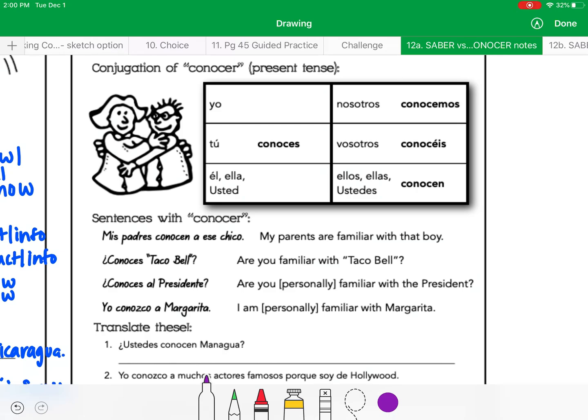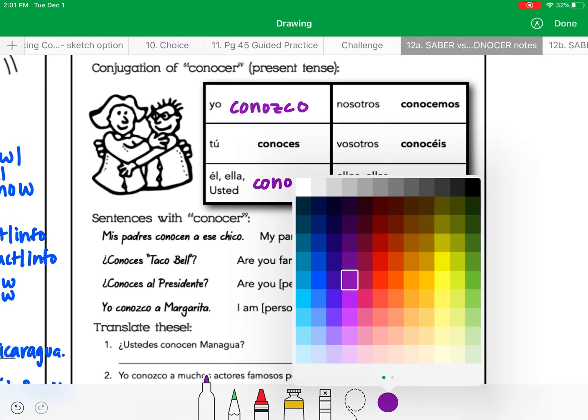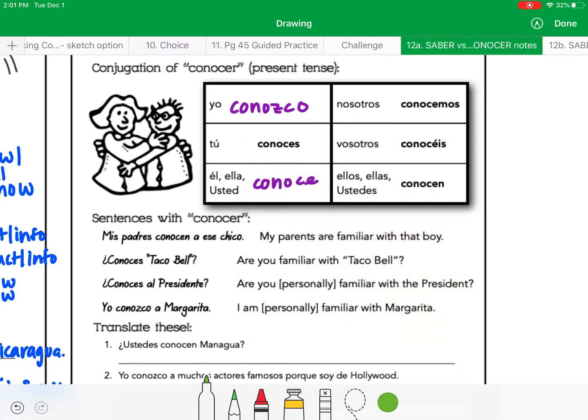So, looking at some conjugations of conocer, again, it's all regular except for the yo, which is conozco. Then we have conoces, conoce, conocemos, conocéis, and conocen. Again, the problem with these two is they both mean the same thing.